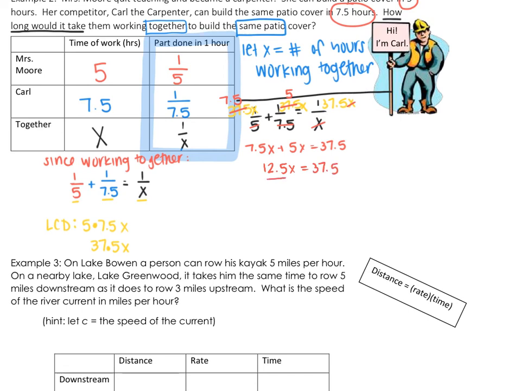Now I'm going to solve it. x equals 37.5 divided by 12.5, which gives me 3. So that means together, us both working on the same patio, it will take 3 hours. That is your final answer.